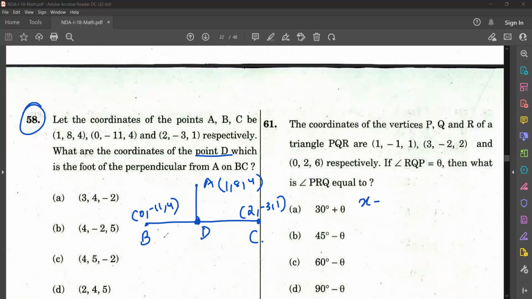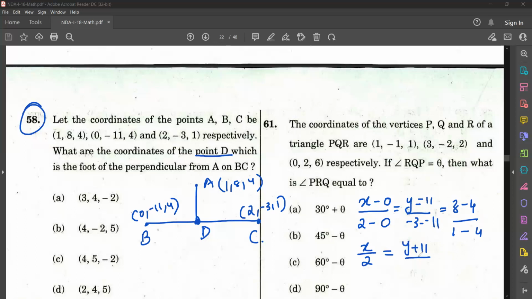It is (x - 0)/(2 - 0), that is (x - x1)/(x2 - x1), equal to (y - y1)/(y2 - y1), that is (y + 11)/(-3 - (-11)), equal to (z - z1)/(z2 - z1). So x/2 = (y + 11)/8 = (z - 4)/(-3), and that is equal to k.